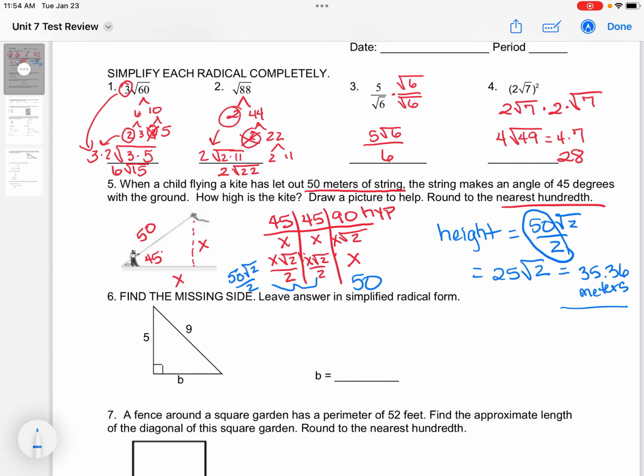So I'm going to make some assumptions here because, okay, well, it doesn't tell us if it's a 45, it doesn't tell us if it's special. So I'm just going to use Pythagorean theorem.